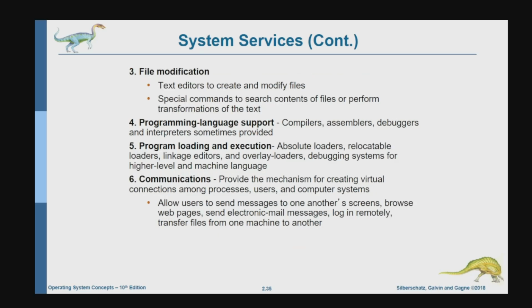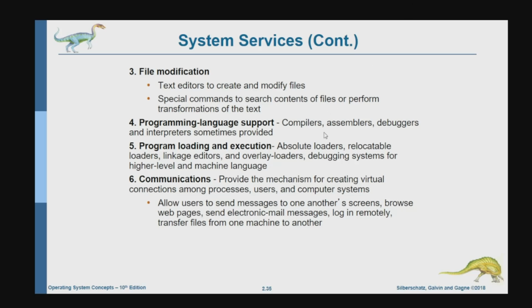Then we proceed to the next part, file modifications. Text editors create and modify files, with special commands to search content in a file or perform transformation of the text. So this part refers to the modification of your files inside your computer system. Number 4 is programming language support: compiler, assembler, debuggers, and interpreter.